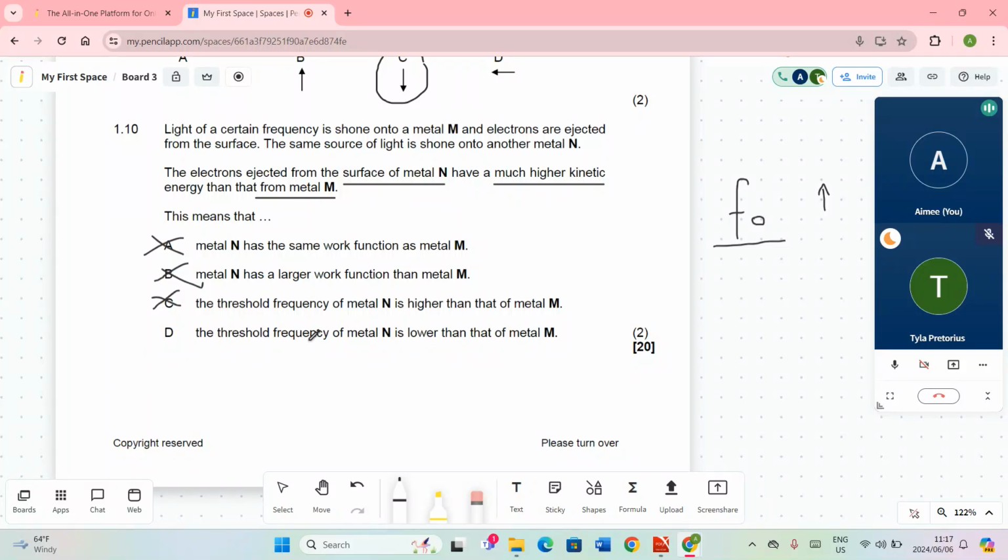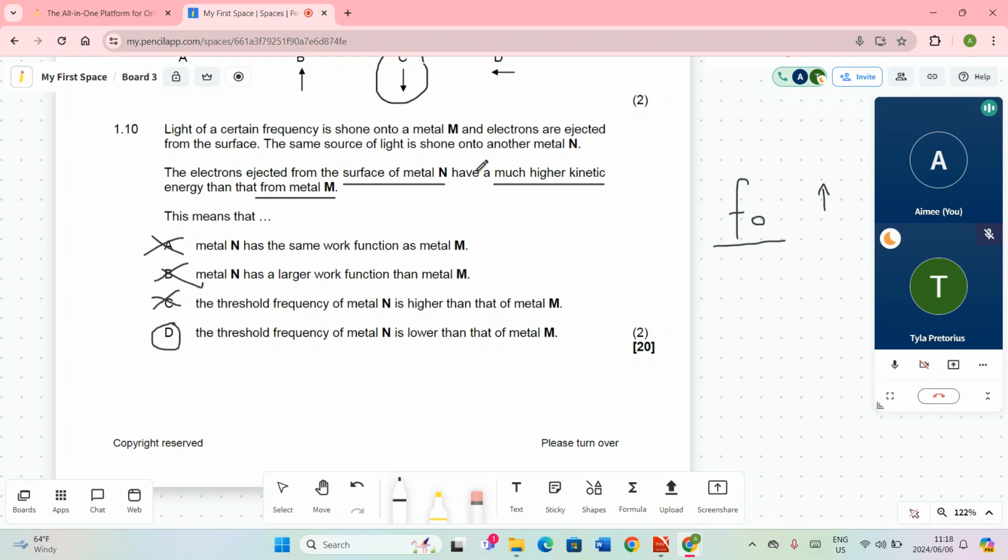And so the last one says the threshold frequency of metal N is lower than that, and that is correct. Because metal N has got a lower threshold frequency, all the additional frequency that exceeds the threshold frequency of metal N is used to increase the kinetic energy of the electrons that are being ejected from the surface of metal N. So your answer to 1.10 is D.